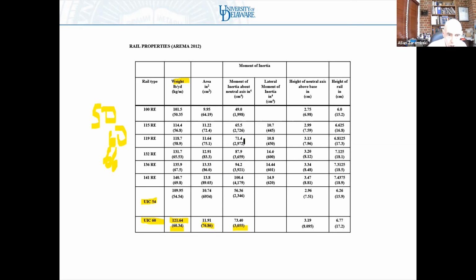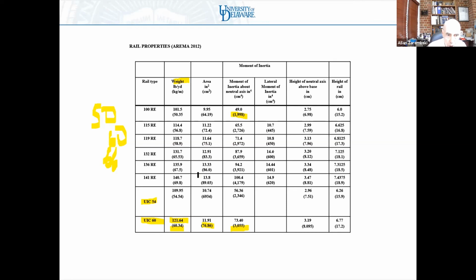You can see that a UIC 50 rail would have a moment of inertia of about 2,000 centimeters to the fourth. The UIC 60 rail would have a moment of inertia of 3,000. So for a 20% increase in weight, I get a 50% increase in moment of inertia.